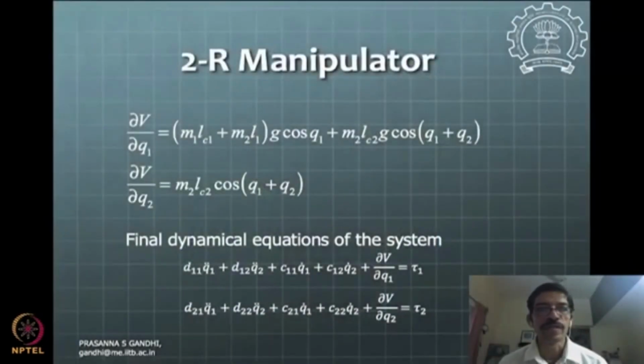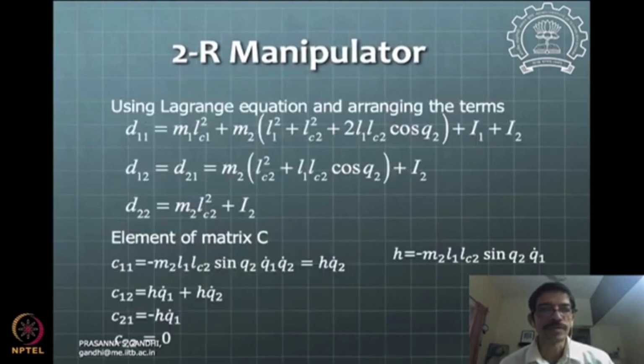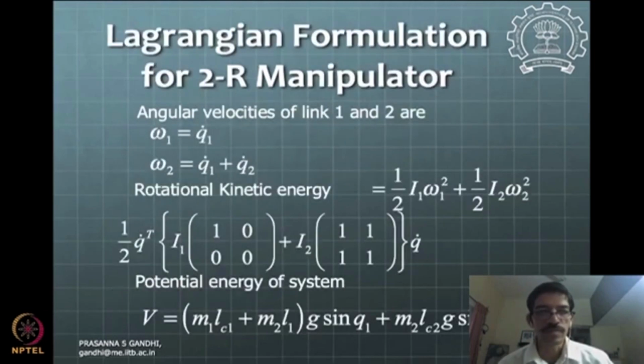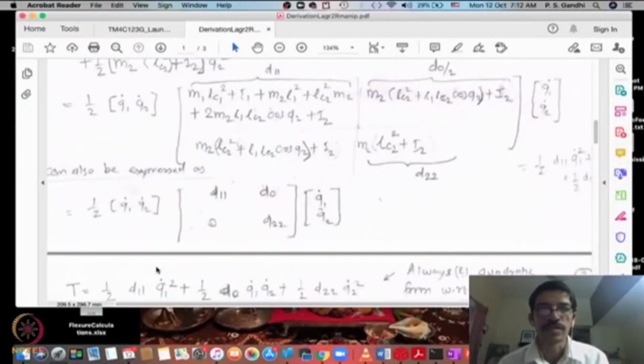You see this kinetic energy expression for the 2-hour manipulator was expressed in terms of D11, D12, D22. This is part of the total kinetic energy expression, as you can see from the equations derived here.